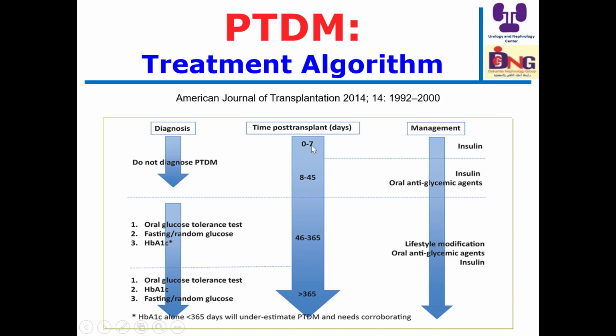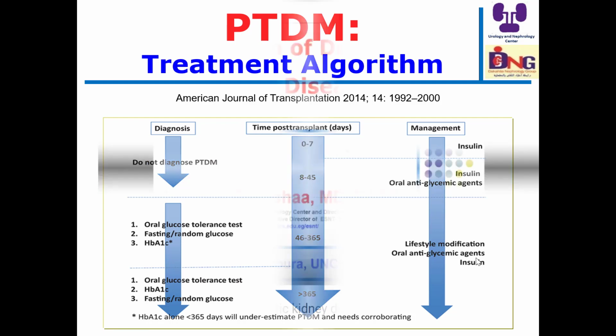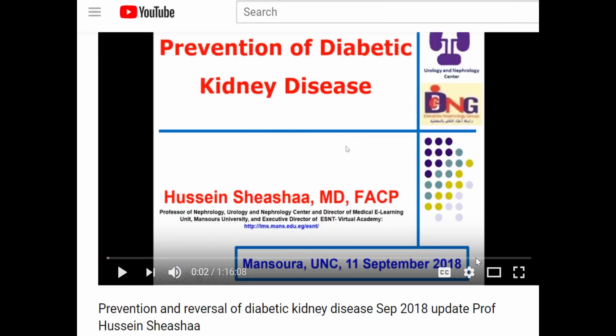For the treatment, if we are in the first week, it's better to start insulin. And starting insulin may protect the islet cells, especially basal insulin. And then later on, we treat the diabetes as type 2 diabetes, with lifestyle modification and anti-diabetic drugs. And this is one of the preferred presentations: prevention and reversal of diabetic kidney disease in general.